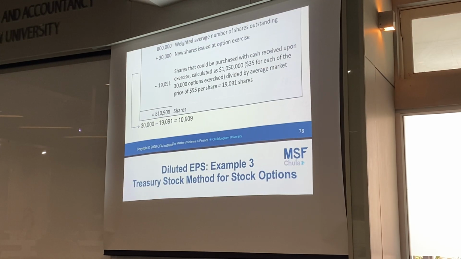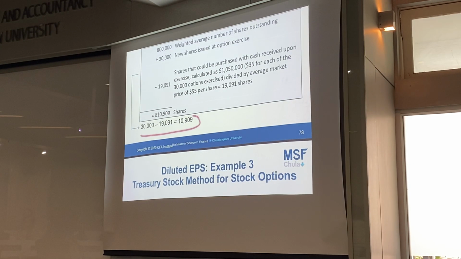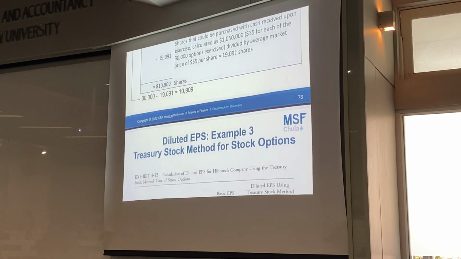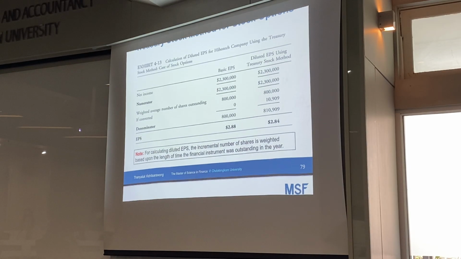Okay, and then the net balance of this, of the new shares issued, that will be the new shares that we're going to use in your calculation. So we're going to use this balance, this will be the new shares added to the weighted average shares outstanding and then you calculate the EPS. This is part of your CFA exam test as well, how to calculate the diluted EPS here.